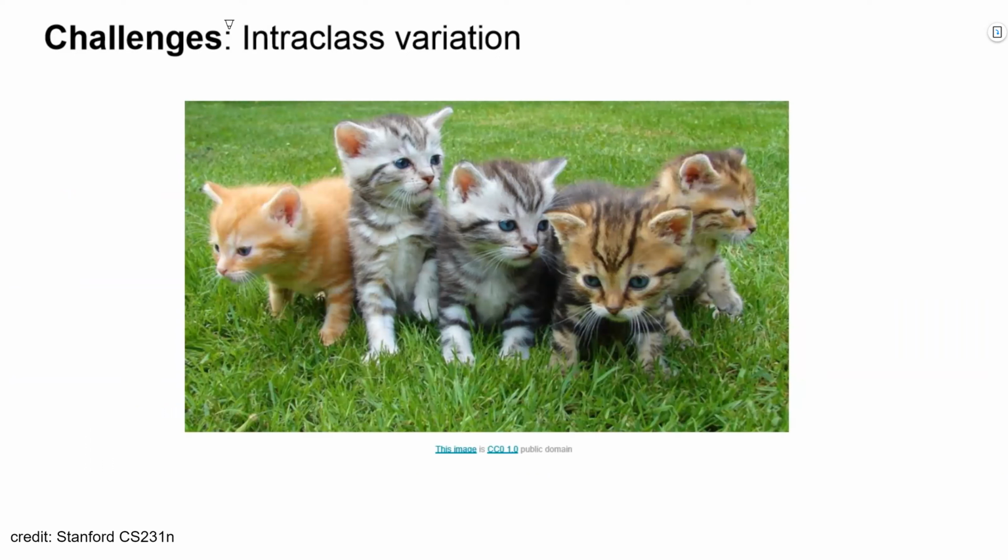And there is also something called intra-class variation. All cats look different, and all objects might look different. Therefore, even though you can recognize one cat perfectly, that doesn't necessarily mean that you can recognize other cats as well, because there is intra-class variation.